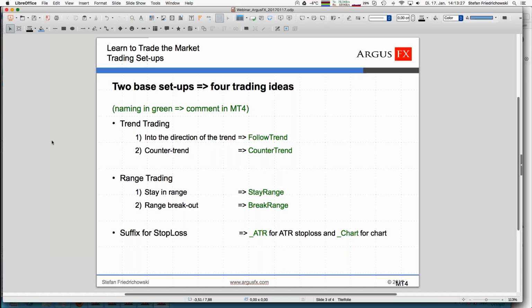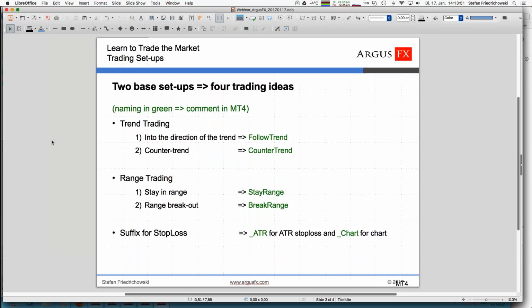Trend, of course, if we have an underlying with a clear trend, then we can use that trend for 2 sub categories of trading. The first one is simply to follow exactly that trend. So we trade into the direction of that trend behavior.